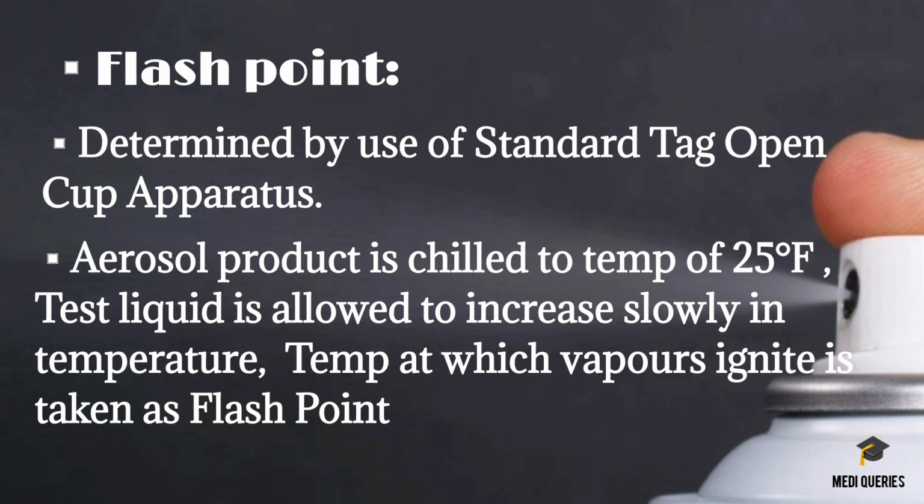Although the test is still used, the results are of limited value because the flash point obtained is usually the flash point of the most flammable component, which in the case of topical pharmaceuticals is the hydrocarbon propellant.